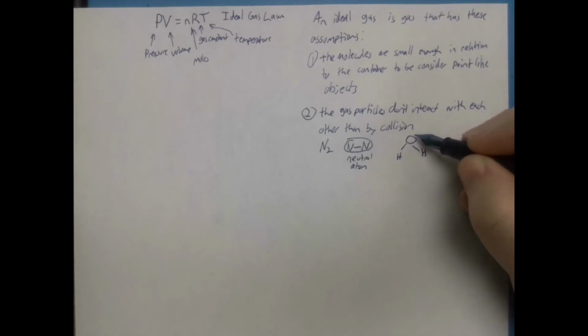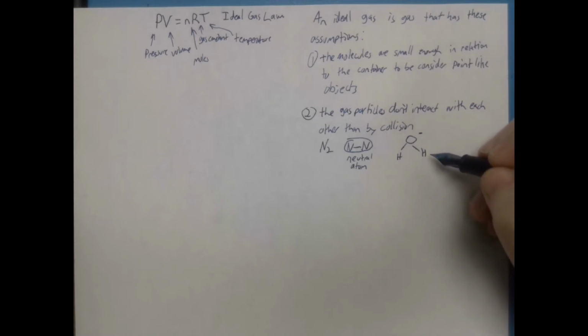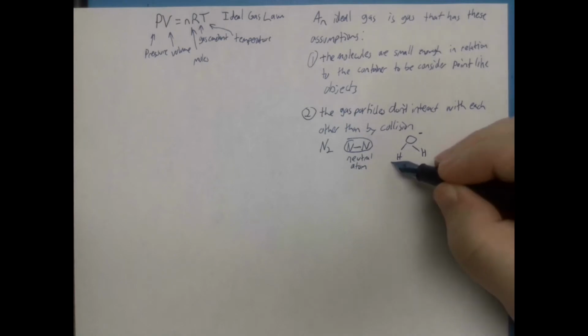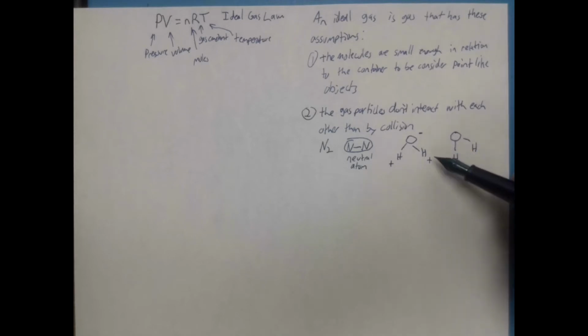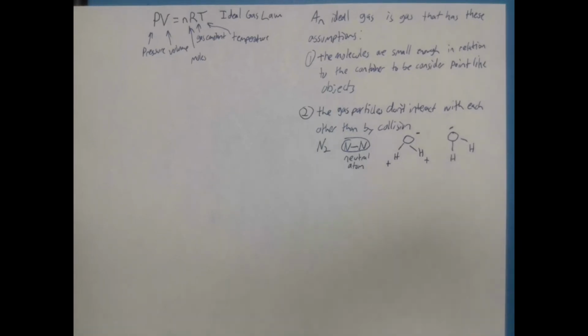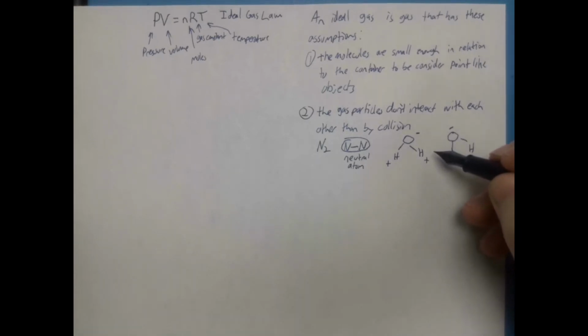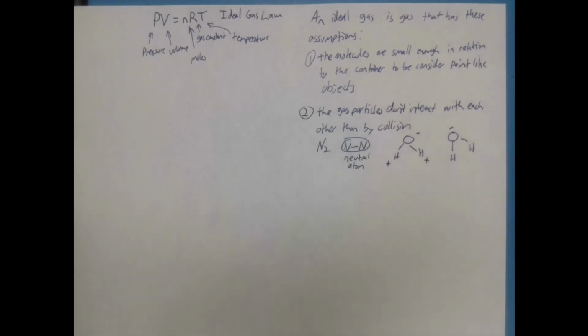The oxygen atom pulls more strongly on the electrons, so it gets a negative charge, and the two hydrogens become slightly positive. What this means is if I put another water molecule next to it, the negative oxygen and the positive hydrogen will be somewhat attracted to each other. And so there will be an additional slight force just due to the attraction of the molecules.